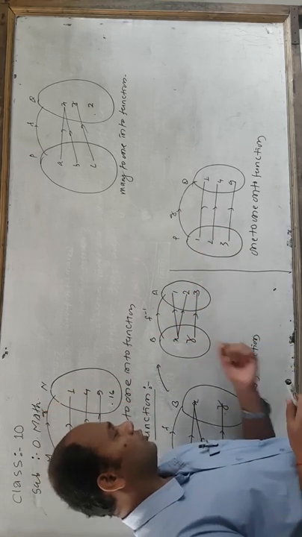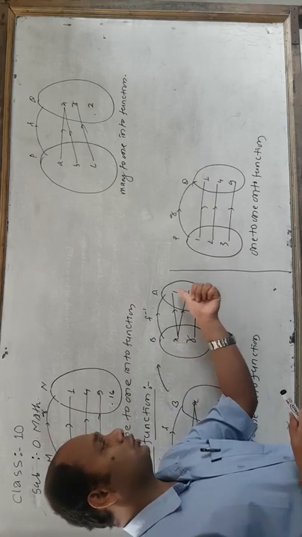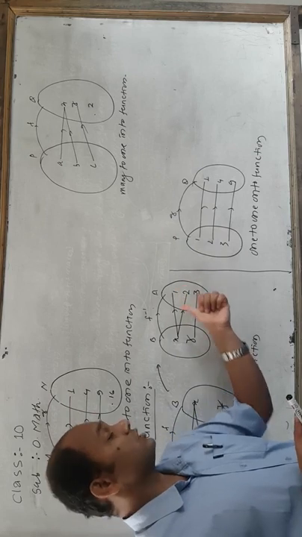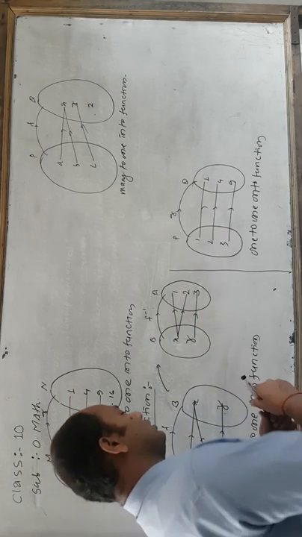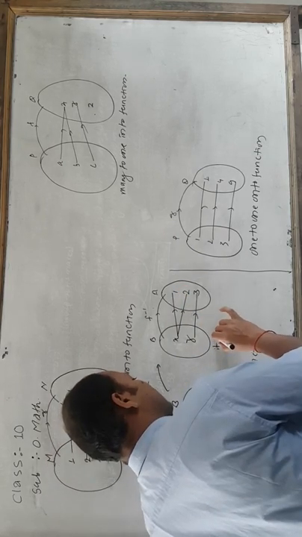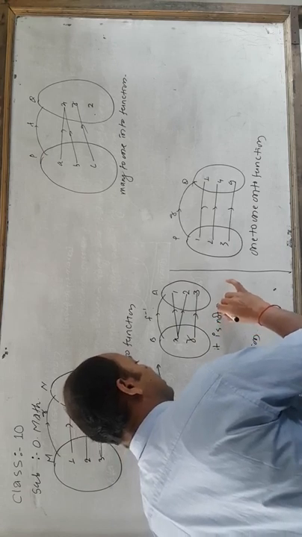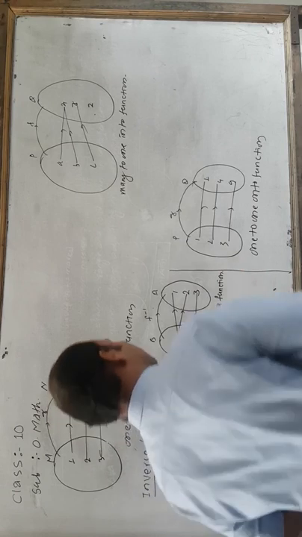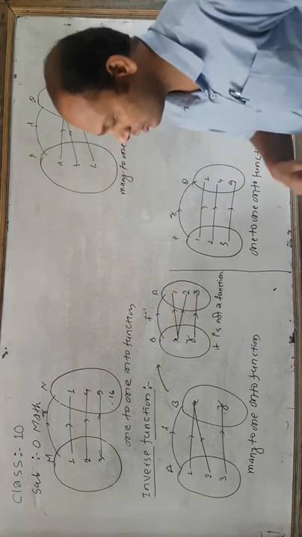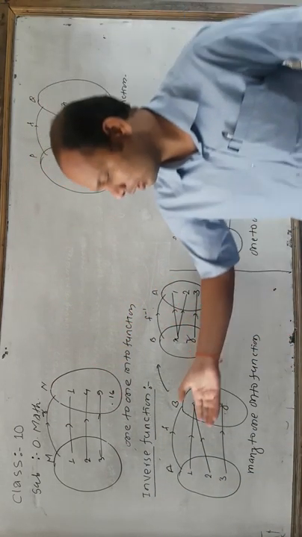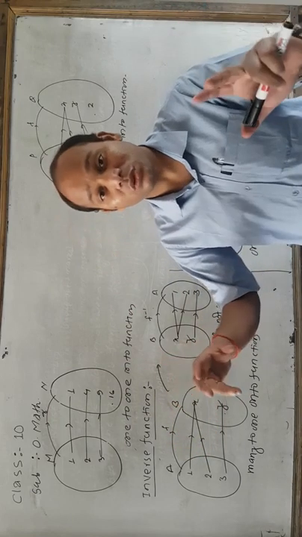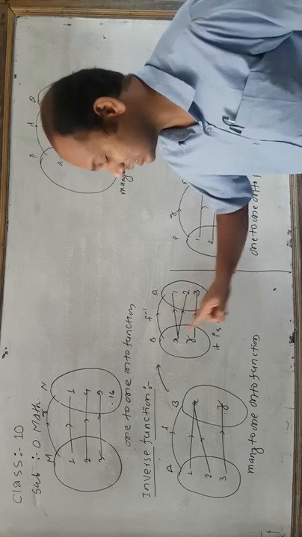Here, one element of the first set maps with two elements of the second set. It has no unique image in the second set, so it is not a function. When we find the inverse of function f, we get a relation, but it is not a function.